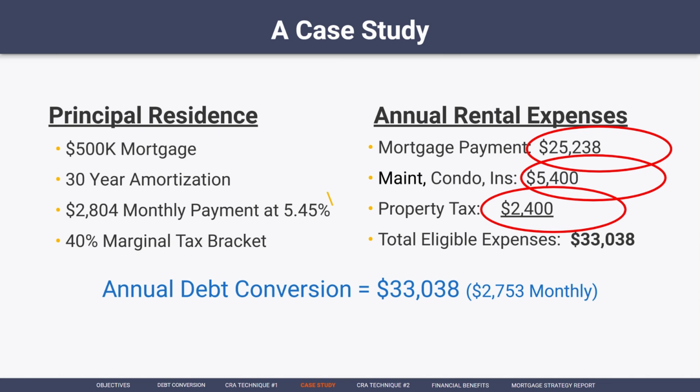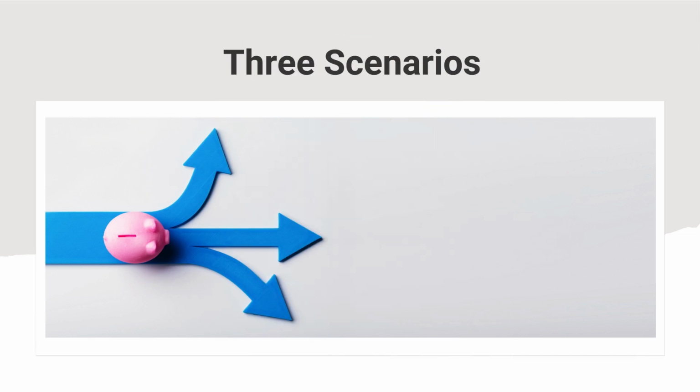In a moment, we're going to explore a few different scenarios. For each one, the principal residence, the rental property, and the homeowner's financial profile will remain exactly the same as what is displayed on the screen. What we will do is provide a separate analysis based on these numbers for three different scenarios.